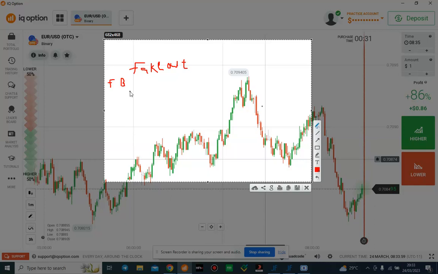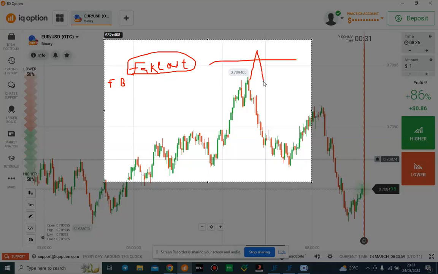Fake out means when the price approaches an important level on your chart, for instance a resistance, then the market reaches the resistance, breaks the resistance, and then drops back and comes back to the zone or to the range.